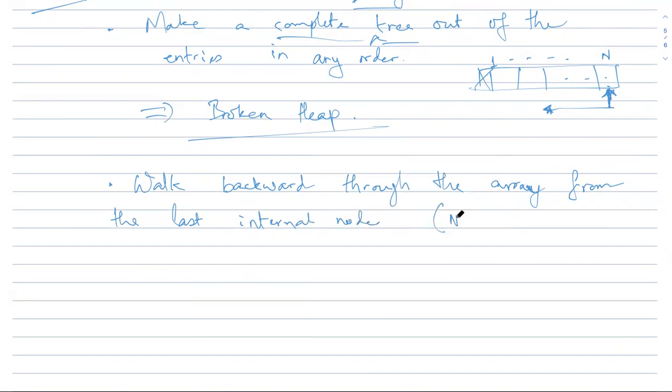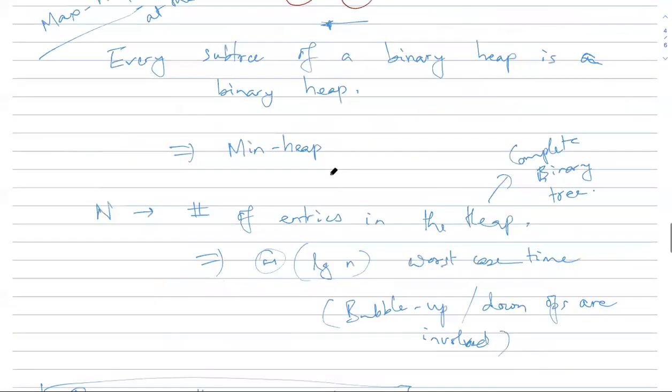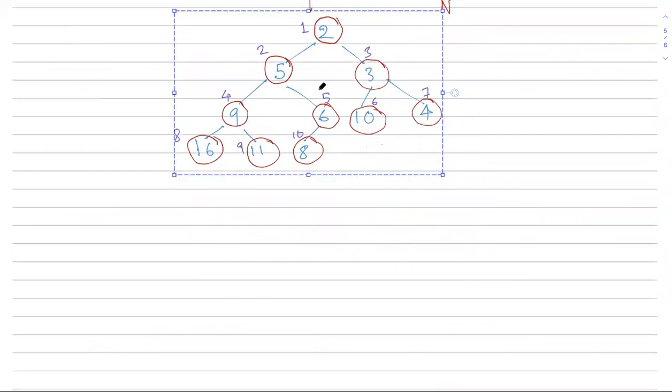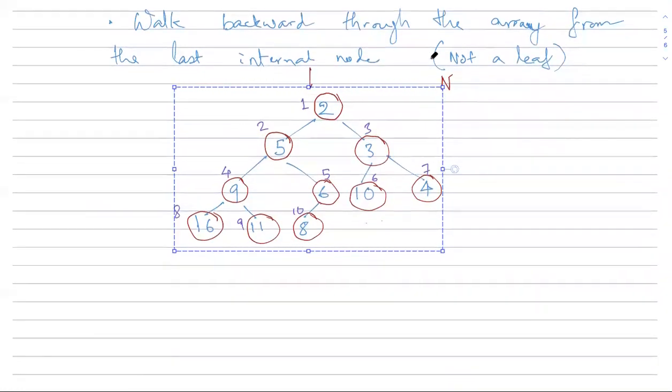So last internal node means not a leaf. So what would be the last internal node here? Let's see. What is the last internal node here?